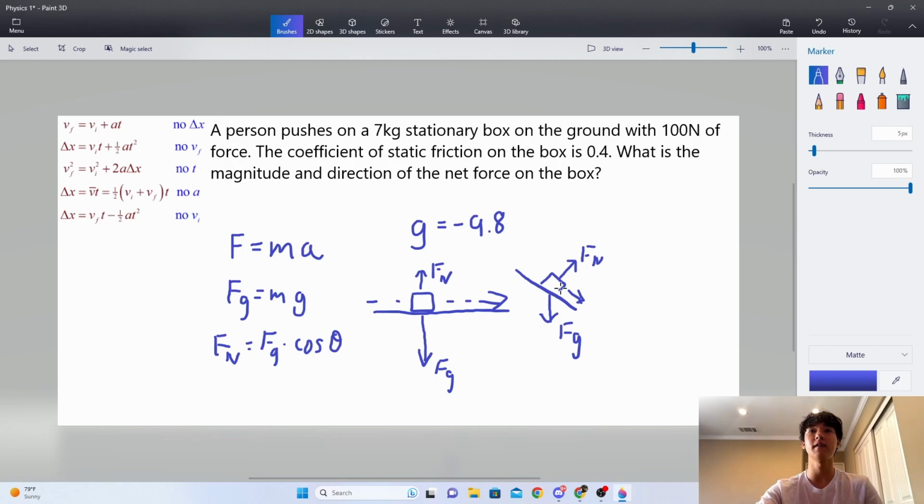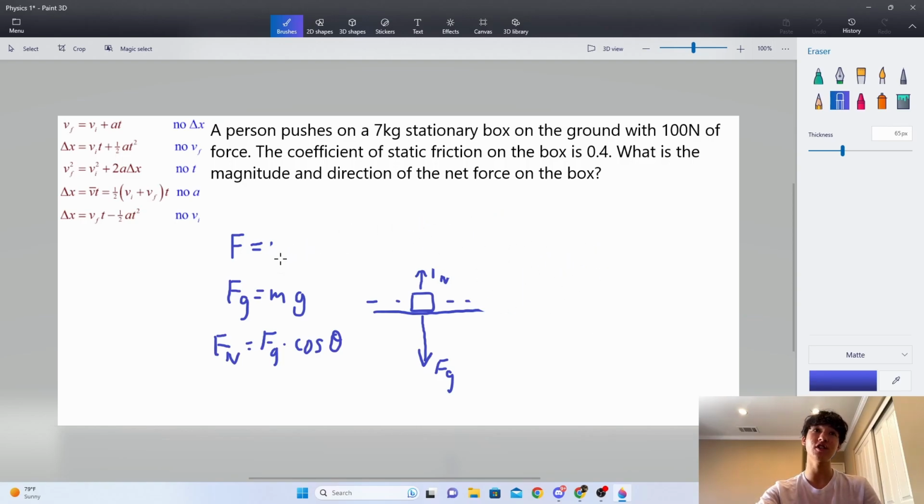That's why it's different in this scenario, but they're completely parallel, I should say, in the scenario where there's no incline. So now you know what normal force and force of gravity are. What we're going to talk about now is friction.